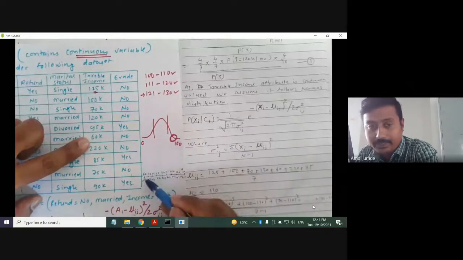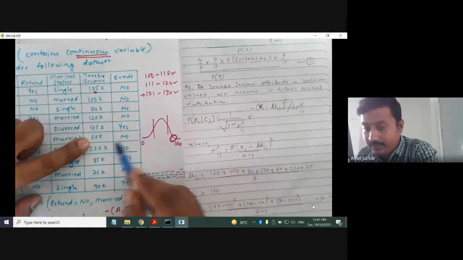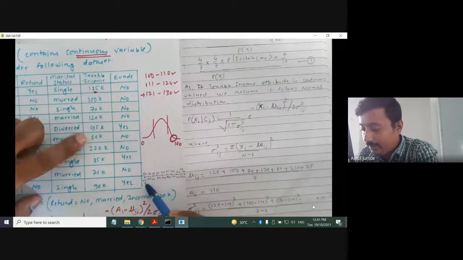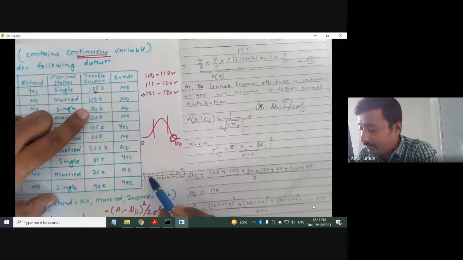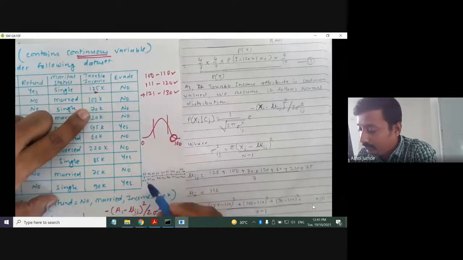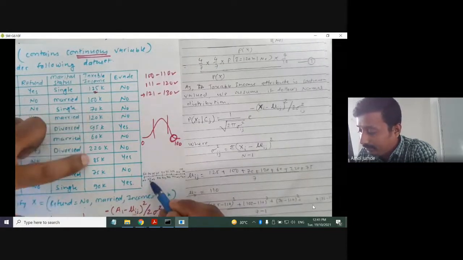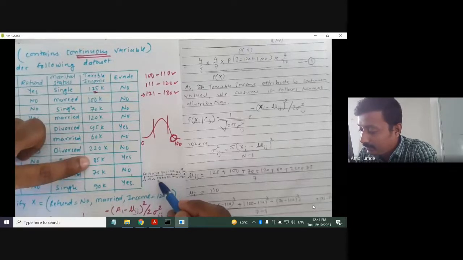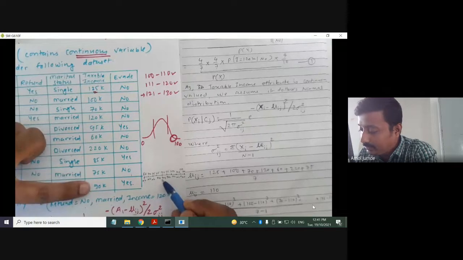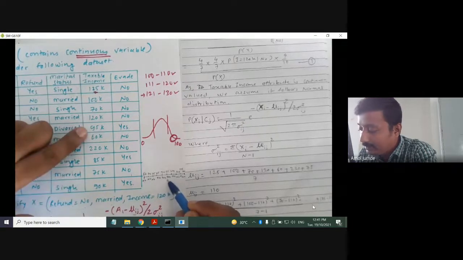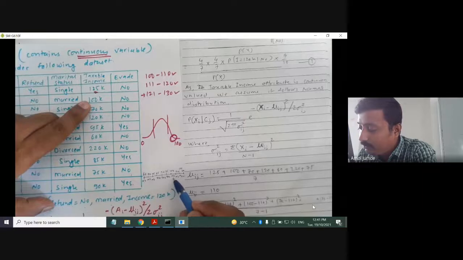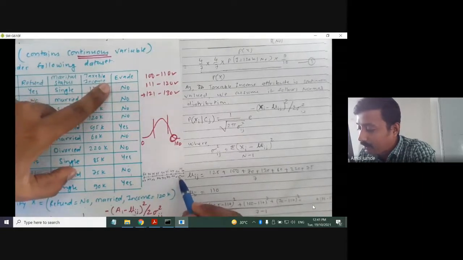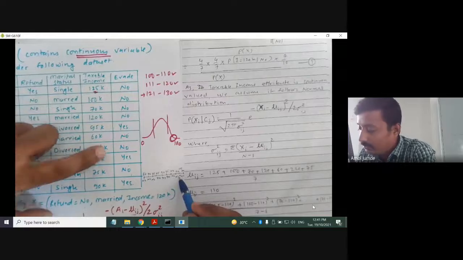So I have plotted here, and the corresponding class label is no. Then we have 70, the class label is no. Then 75, no. Then 85, yes, then 90, yes, then 95, yes, and 100 is no, 120 is no, 125 is also no, and then we have 220, no.